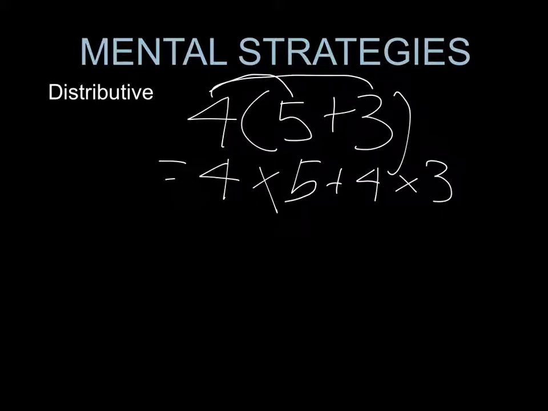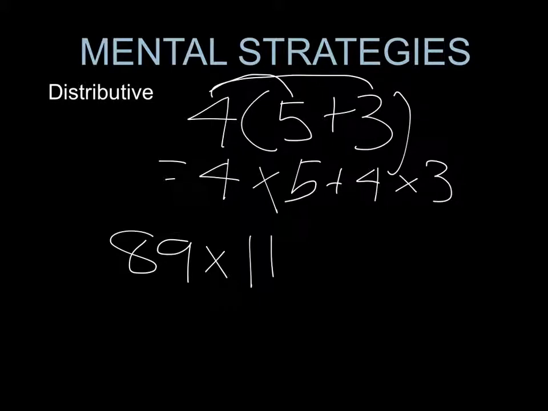Well, let's say we have something like 89 times 11. Multiplying by 11, especially multiplying a number like 89 by 11, isn't the easiest thing to do. So what we're going to do is find a number that's easy to work with. The number 10 is easy to work with, okay? It's no coincidence that I chose 11 here, because when you have a number that's close to 10, you can write that number in terms of 10.